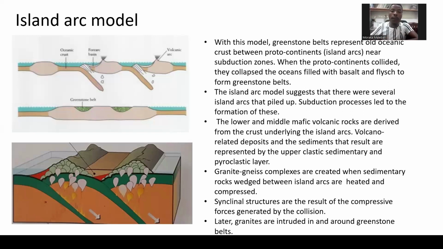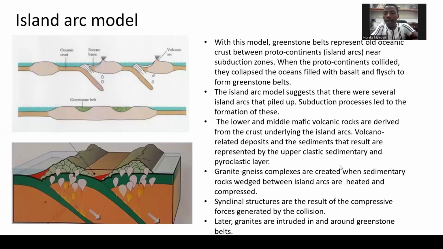And as they settle, they are basically exposed to weathering. Now during weathering, these things will be eroded and then deposited into these oceanic trenches, right?